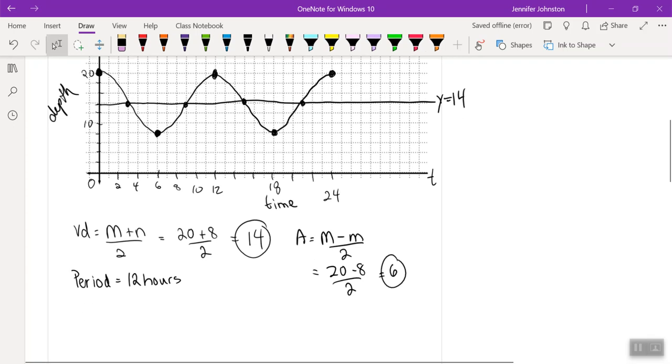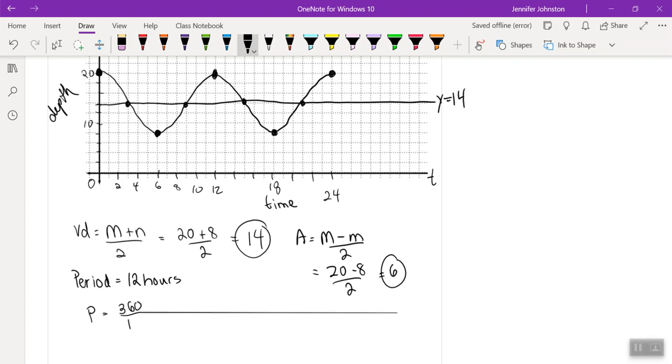Let's figure out our k value, because we don't have k. We know what the period is, 12. Well, in order to find k, we do 360 divided by k. And if we know that p is 12, we could put 12 in for p is equal to 360 divided by k.